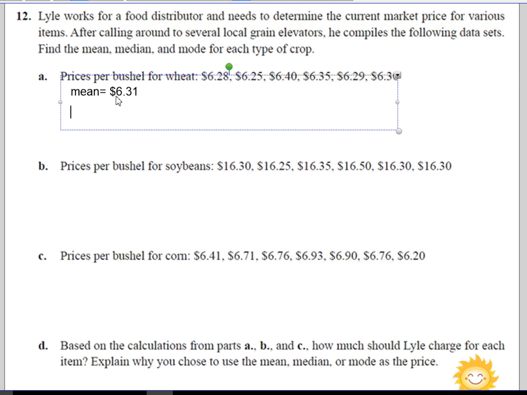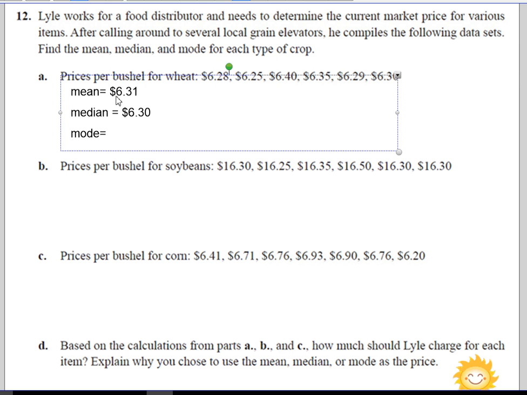The median, that middle price would be 6.295, which again, since we're dealing with money, would round to $6.30. And then for the mode, there was no repeaters, so make sure you put none.